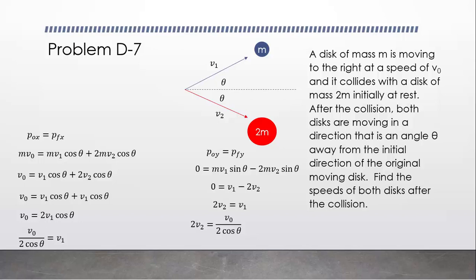If we do the same thing here, 2v2 equals v1, which is v initial divided by 2 cosine of theta, we get v2 is equal to v initial divided by 4 cosine of theta. What this really suggests is that if theta is equal to 0 degrees, this is a pretty easy problem to work out, and I can figure out what the two velocities of the two balls are.